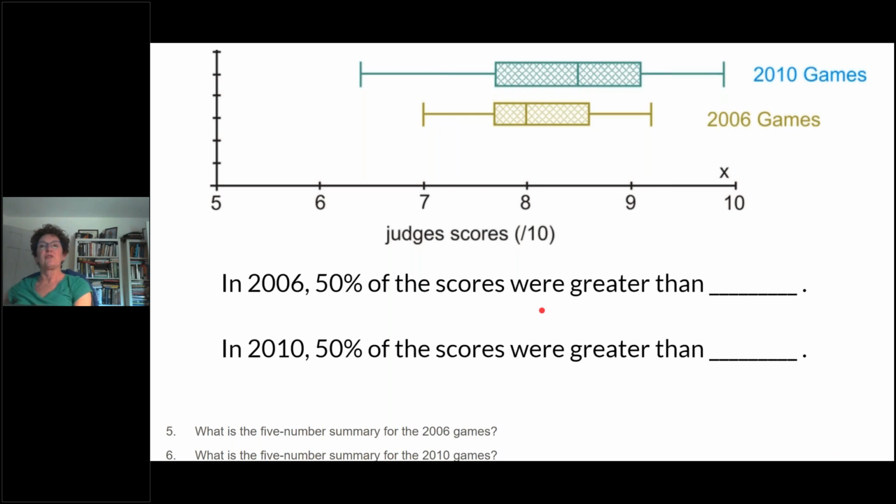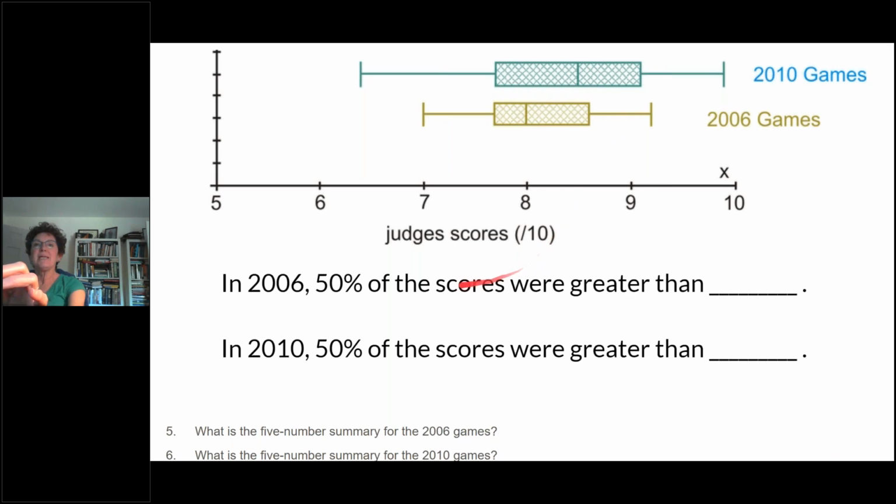In 2006, this is how we're going to use some of this information. These are some of the questions that you might be asked. In 2006, 50% of the scores were greater than what number? Well, which key measure are they asking us about? If 50% of the scores are greater than, remember that the median tells us the number in the middle, 50% are less than that number, and 50% are greater than that number.